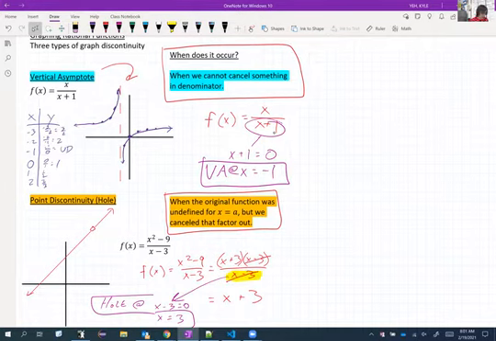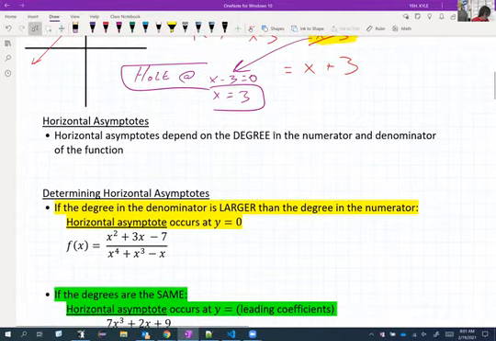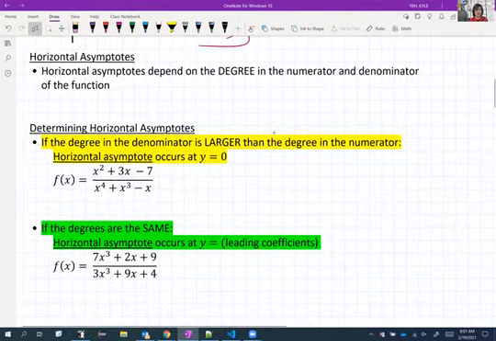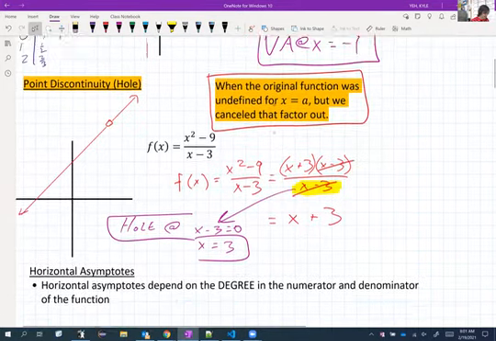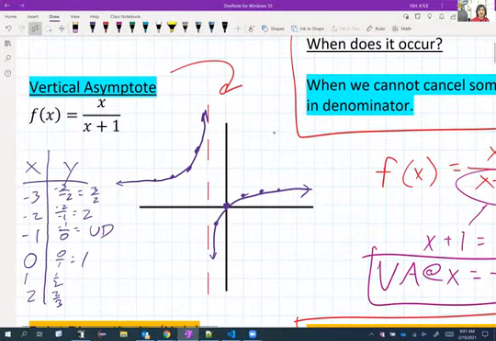Okay, so again, we will see examples of these here in just a second, but we need to talk about our third type of discontinuity that we're focusing on, and that is a horizontal asymptote. Now, horizontal asymptote, we've actually already kind of seen in this video. If you look here at our very first example, it definitely has a vertical asymptote there.